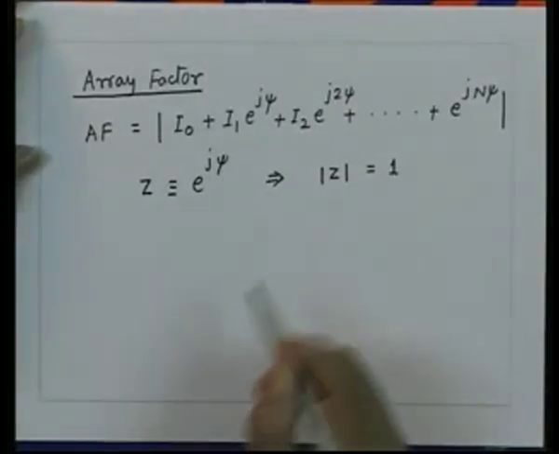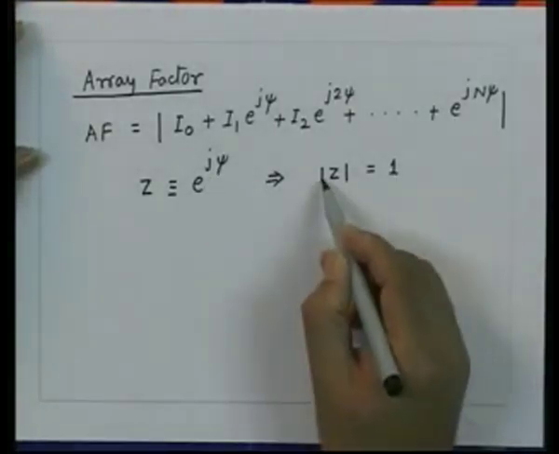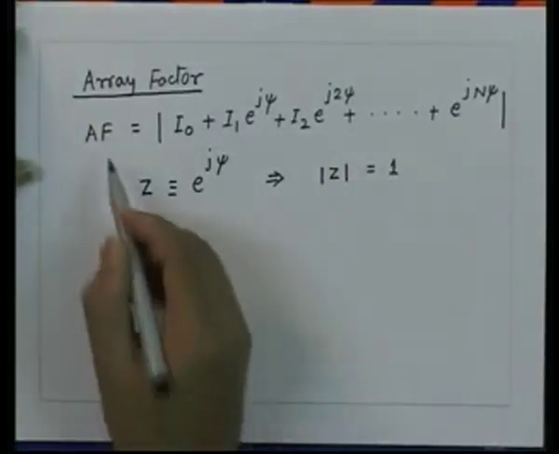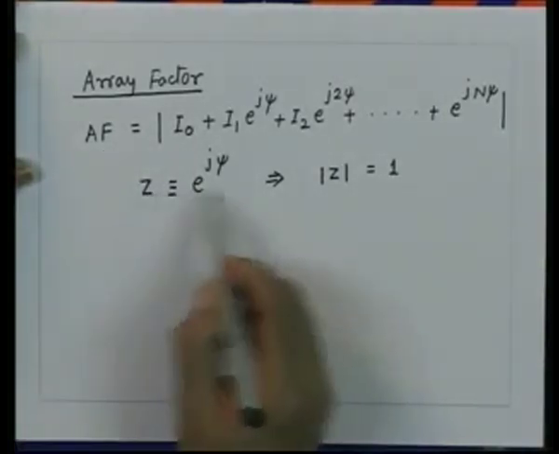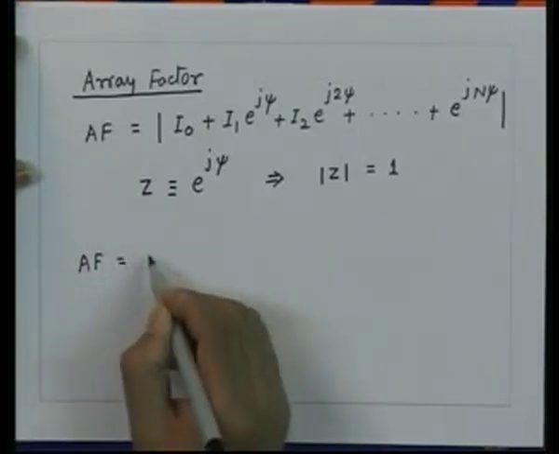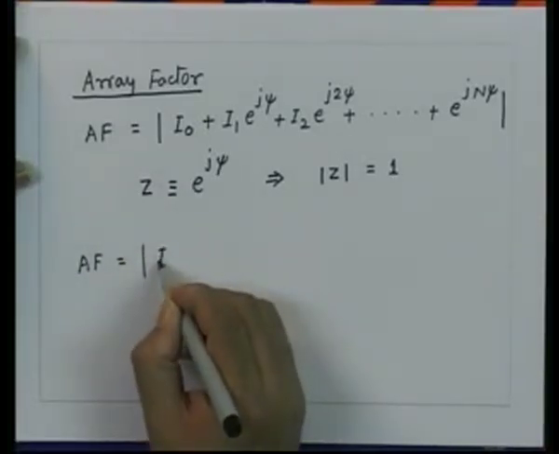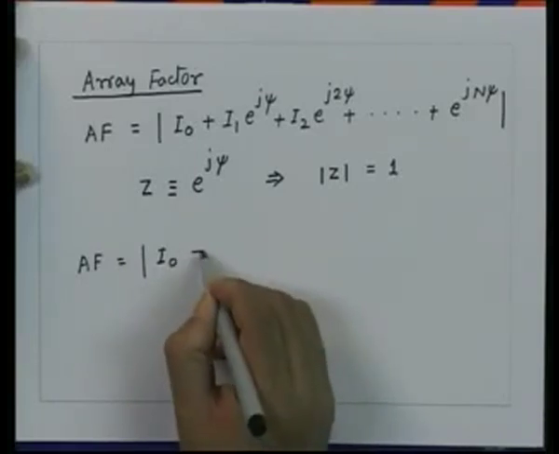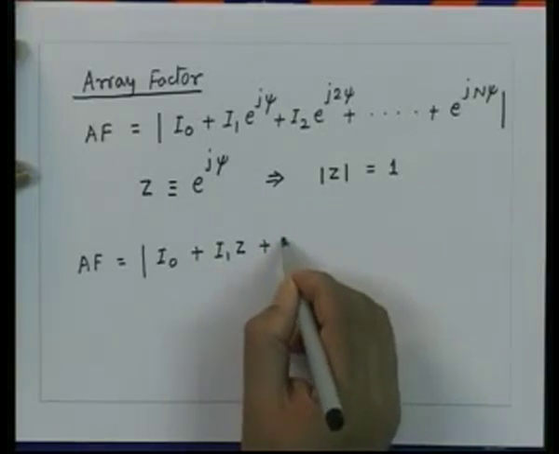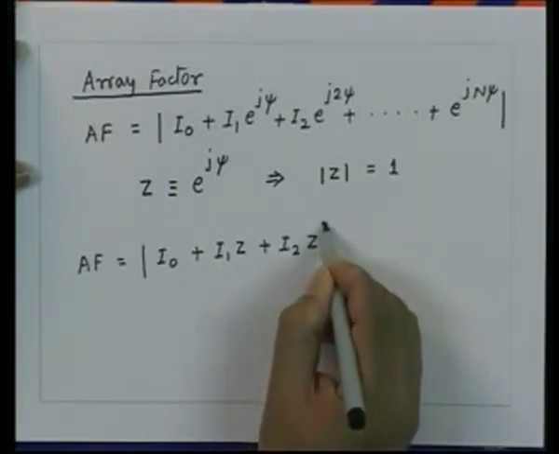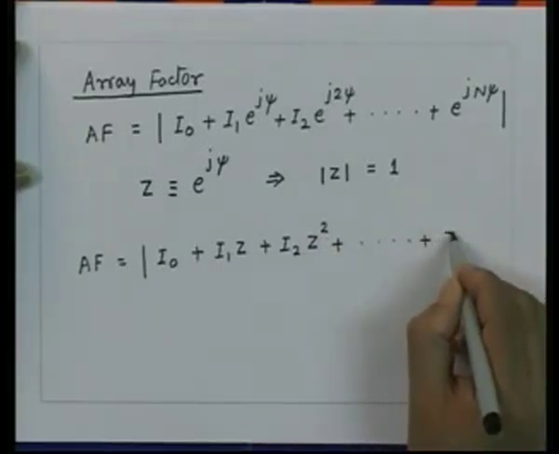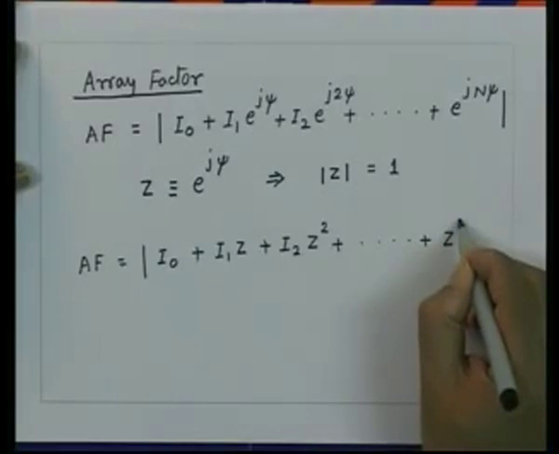So, in the complex gamma plane, this point will lie on the unit circle, because magnitude of z is equal to 1. So, the array factor can be written now in terms of this z. So, we have array factor which is I0 plus I1 z plus I2 z square plus and so on, up to z to the power n.